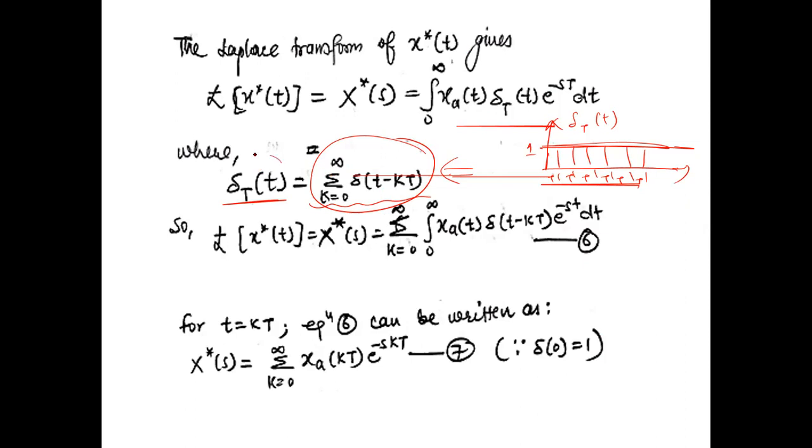Now if we replace this delta t in this equation with this particular equation, we will get a new equation number 6. Now if we put t is equal to kt in this particular equation, we have used the actual sampled time period, where t represents the total time duration for the available signal, k represents the number of samples in which that time duration is divided, and capital T represents the time period of each sample.